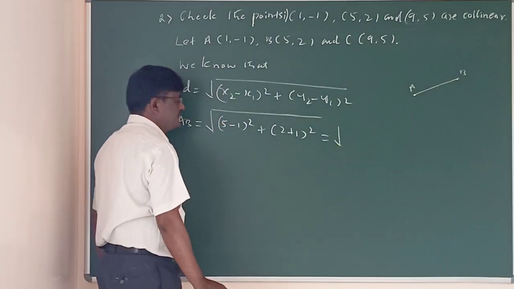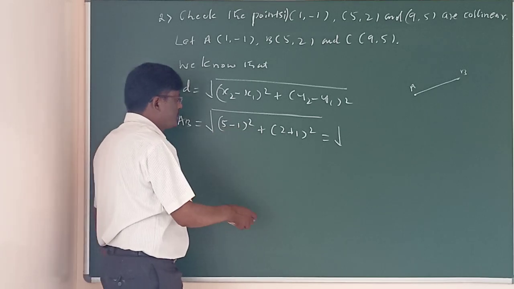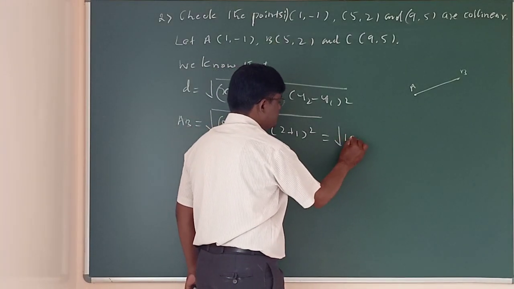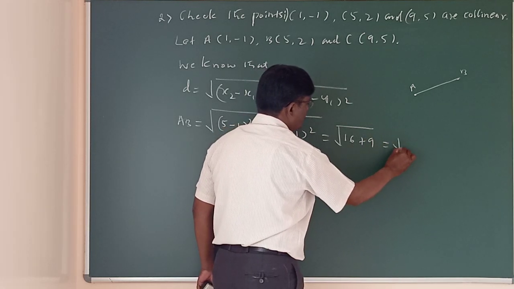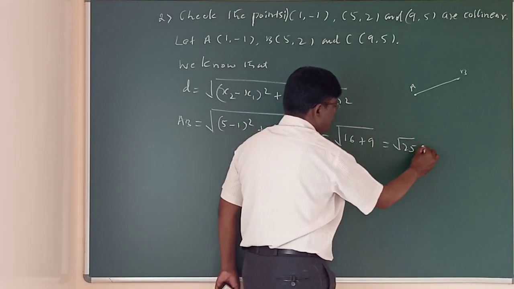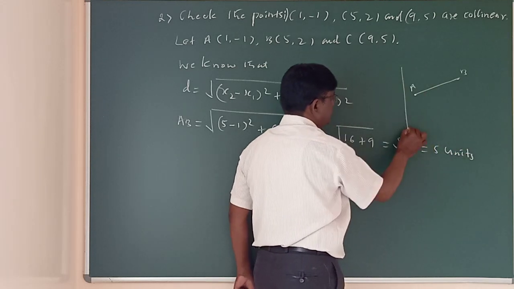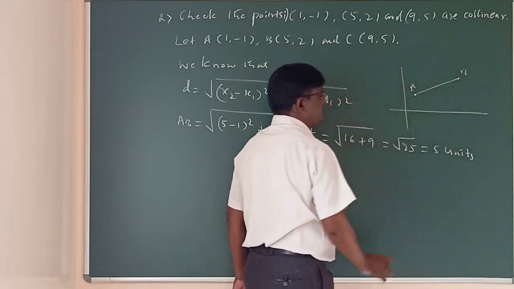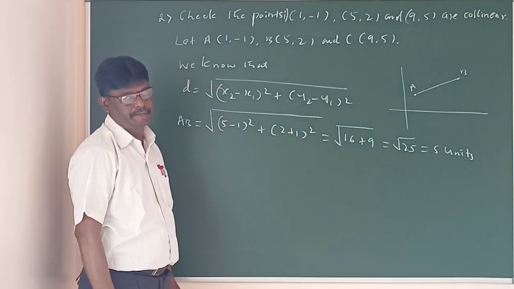All these can be done in just one line. 5 minus 1 is 4, 4 square is 16. 3 square is 9. Square root of 25 is 5 units. So in the Cartesian plane, the length of AB is 5 units.